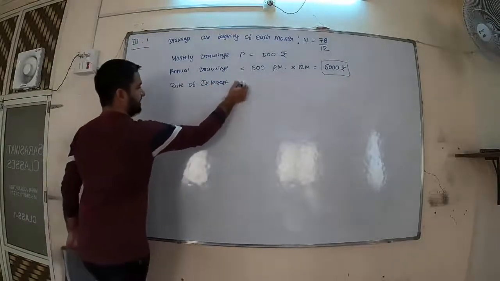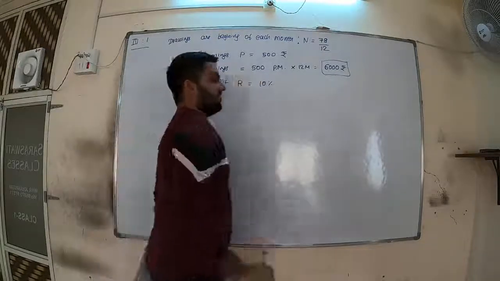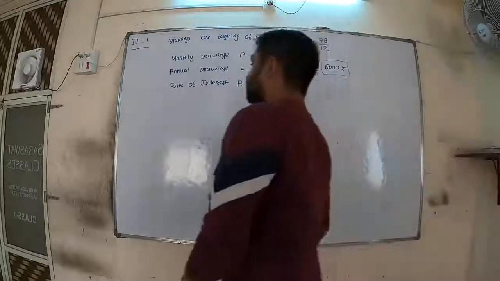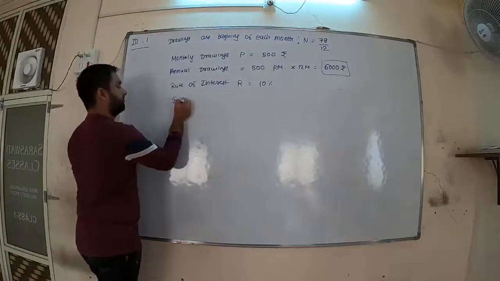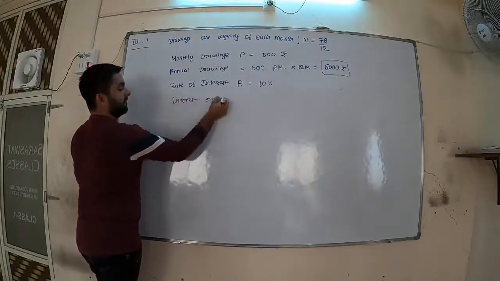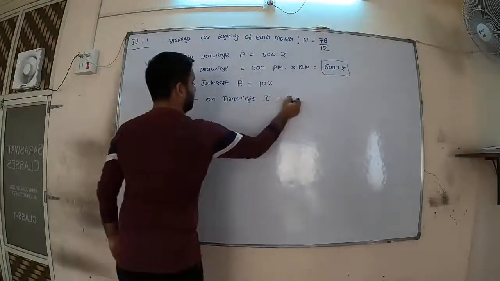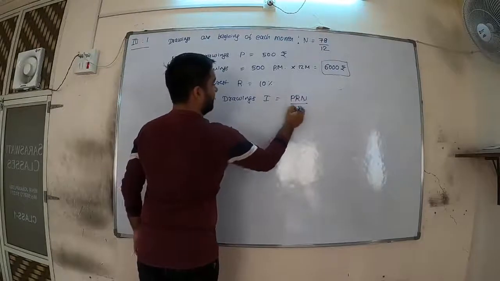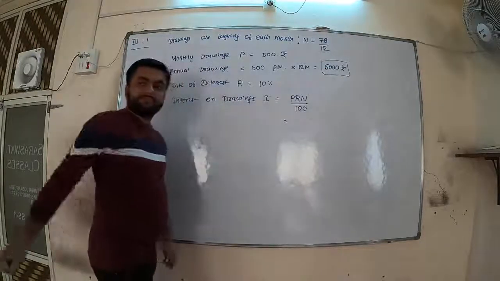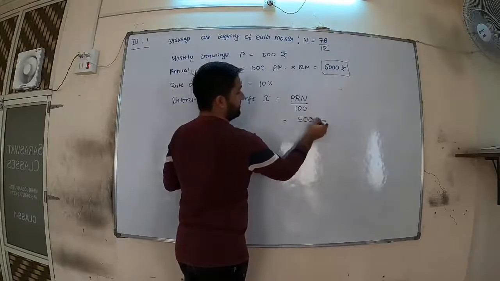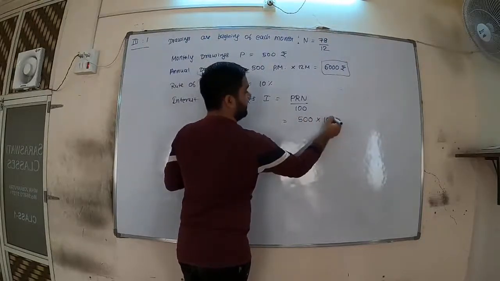Rate of interest R is equal to 10%. Now, interest on drawings I is equal to PRN upon 100. P is 500, not 6,000. R is 10.